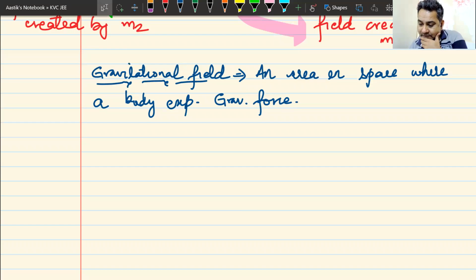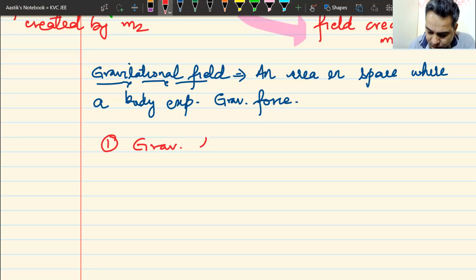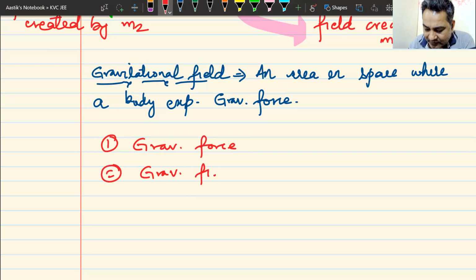We have two terms here. Number one, gravitational force. Now, why does this force come? The reason is number two, gravitational field. We assume that there is a gravitational field, and because of it, this gravitational force comes.